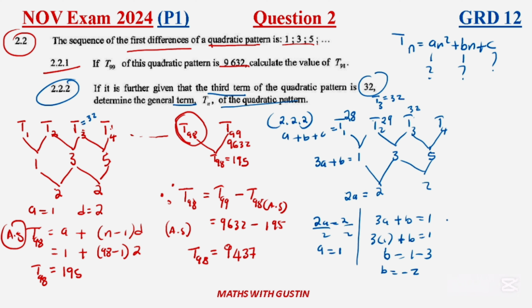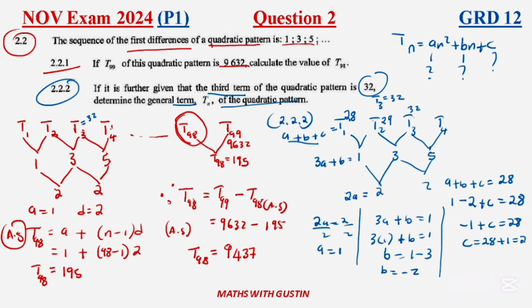Now to find c, use a plus b plus c equals term number 1, which is 28 in this case. We know a equals 1, b is minus 2, plus c equals 28. Therefore, take the minus 1 to the other side, c equals 28 plus 1, which equals 29.